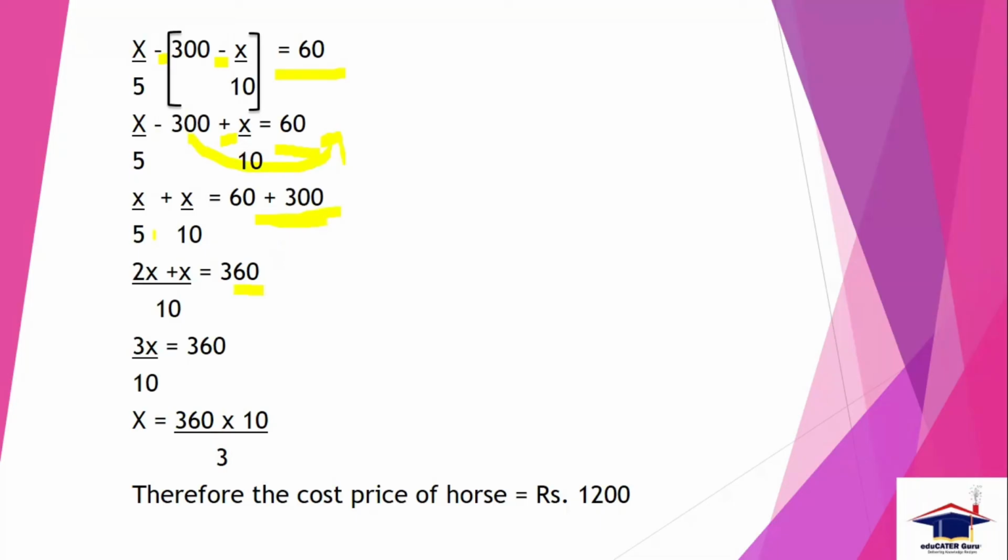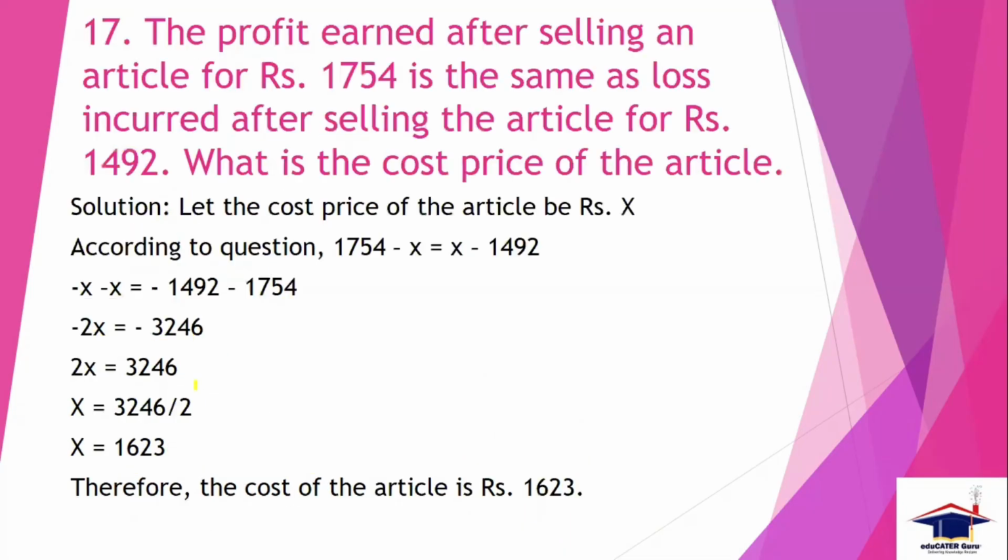So 360. Here taking LCM, 2x plus x divided by 10, then 3x by 10 equals 360. 360 into 10 divided by 3 becomes 1,200. Hence, the cost price of the horse is 1,200.